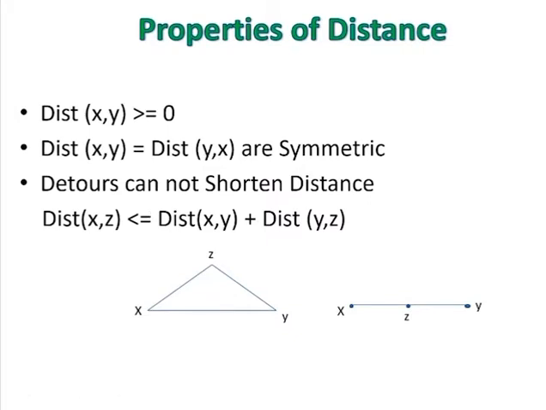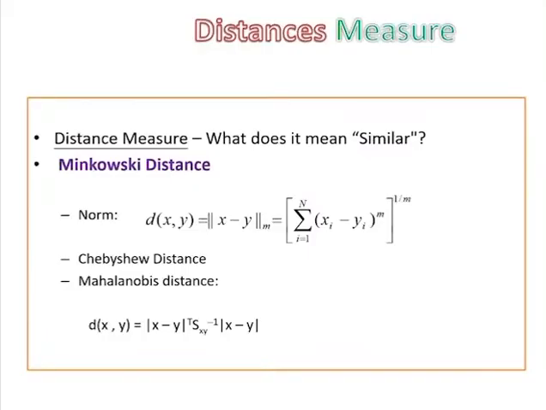Behind any machine learning approach, there exists a mathematical theory, and we need to be able to review that to understand how machine learning works. So we have another distance measure that we call the Minkowski distance.